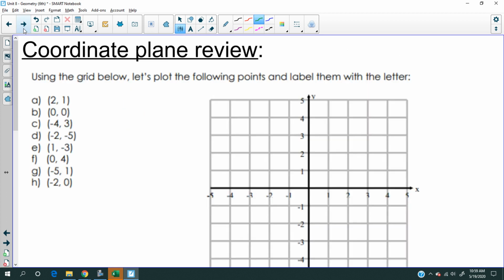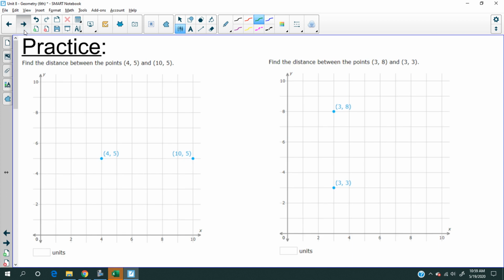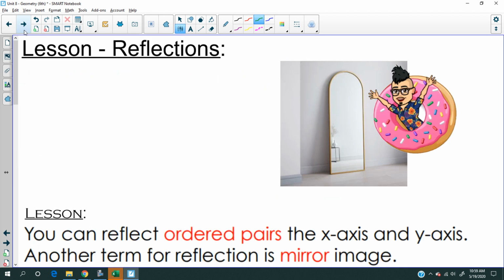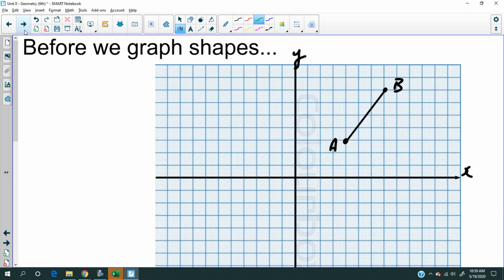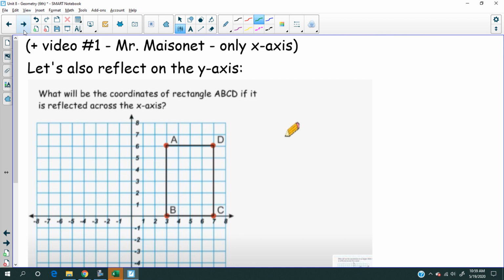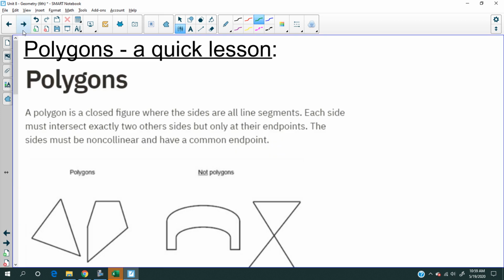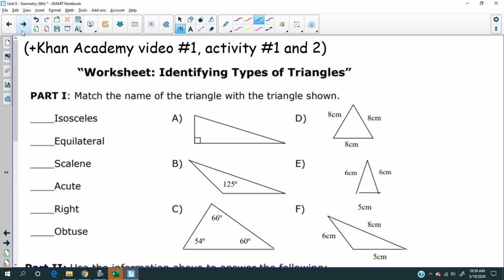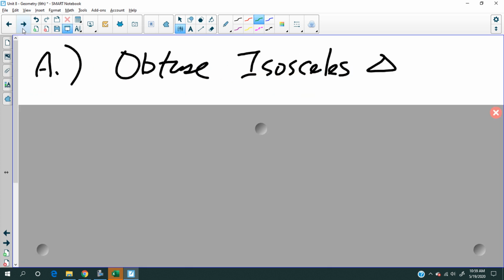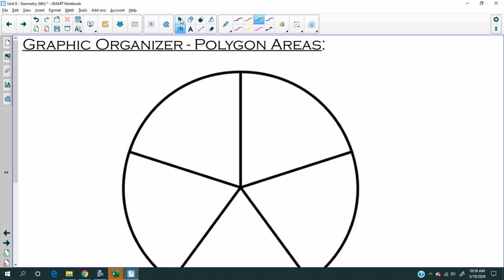On the website, I included a file, and in the file is this: a graphic organizer. Because now the struggle is this.